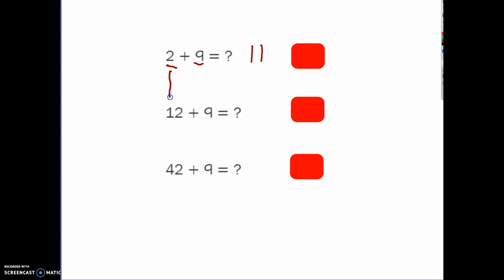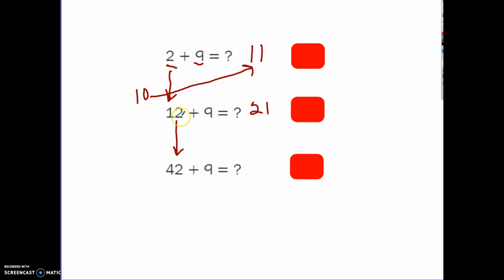Well, when I look at this problem, I have a 1 in the tens place. That means 10. That means I went 10 more to get to 12. So I have to add 10 to my 11 to get to the answer 12 plus 9, and that's going to be 21. Again, I'm using mental math.